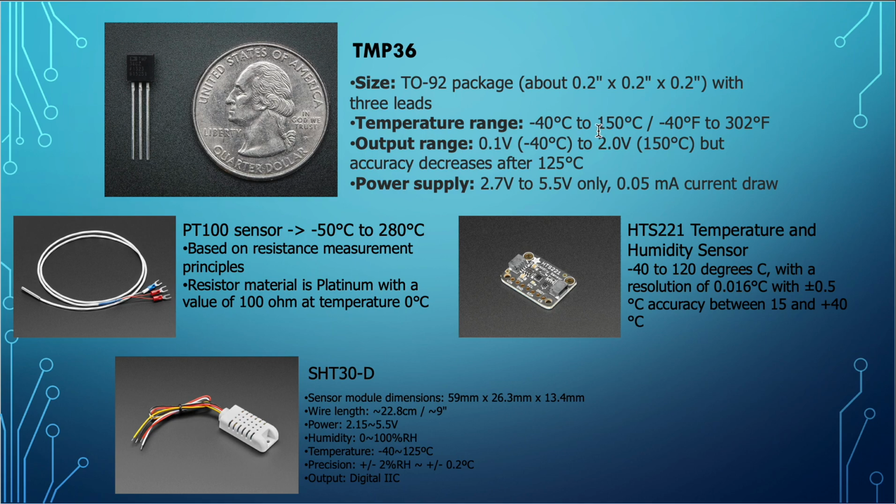That means when we want to use temperature sensors to measure the temperature of a certain object or a certain space, we have to check whether the temperature that we want to measure is within what the sensor can measure, the maximum and the minimum. For measuring temperatures in our normal environment when checking the weather, this range is more than enough.